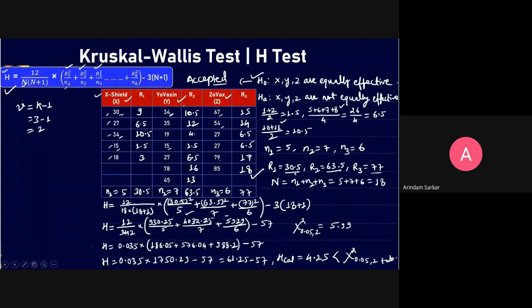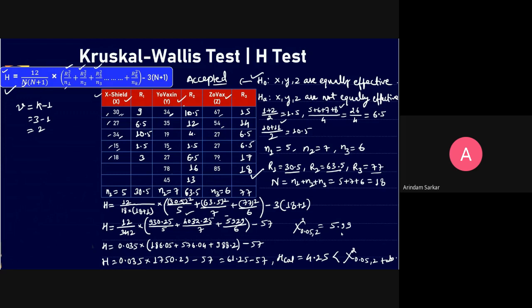R1 equals 30.5. How did I get 30.5? After addition of all the R1 values. How did I get the value of n1? How many samples are there under this X shield? These are mentioned over here. If I put all the values in my H formula, then it will give me the result, that is H calculated, right? It's 4.25. And now I have to check the table chi-square value.